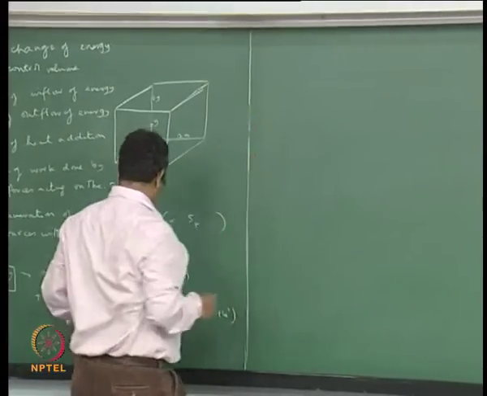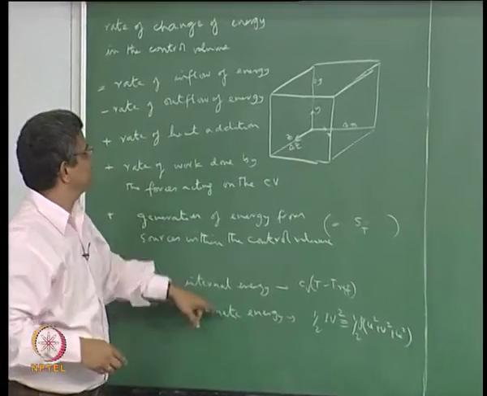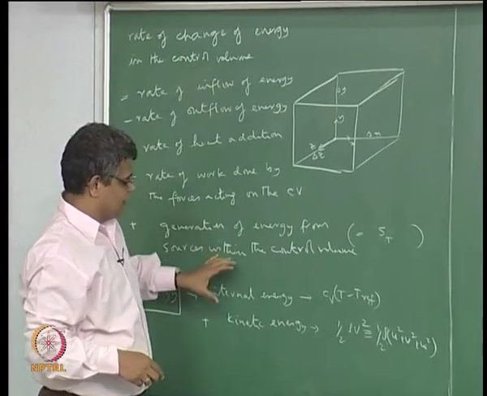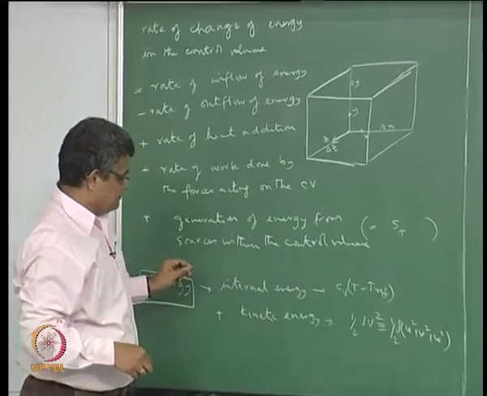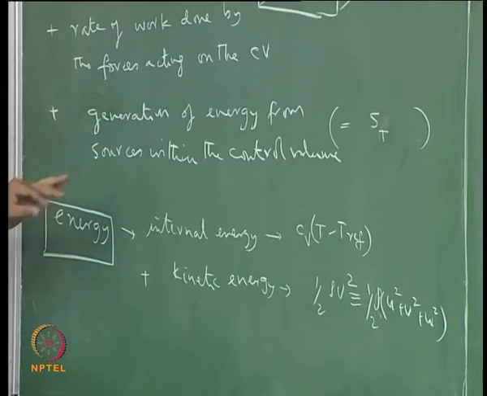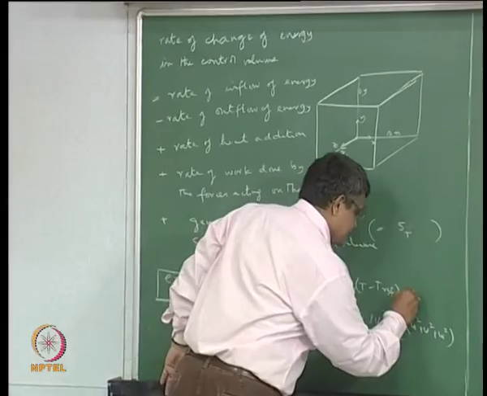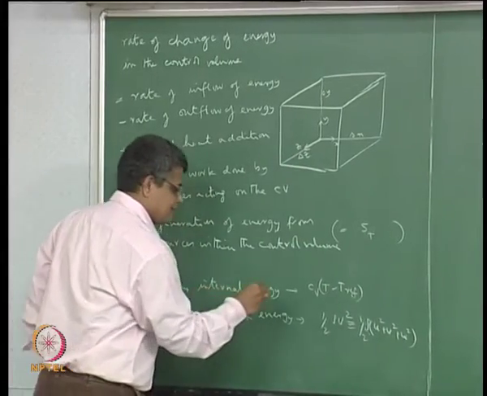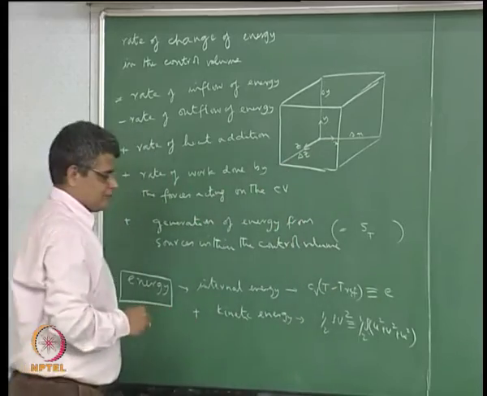We know that we are talking about internal energy and kinetic energy, and we write down the specific energy part of it, that is the energy per unit mass. So, we can call this particular internal energy small e.